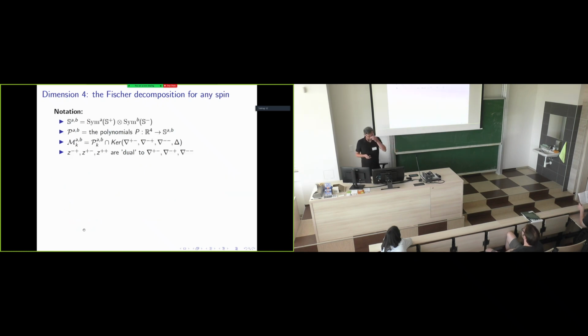And recently we have succeeded in describing the Fisher decomposition for any spin. Well, let us recall the notation. The spinor space SAB of type AB is defined in this way. P to AB is the space of all polynomials in R4, spinor valued of type AB, and this space MABK is the space of homogeneous solutions of generalized Cauchy-Riemann equations, K homogeneous.